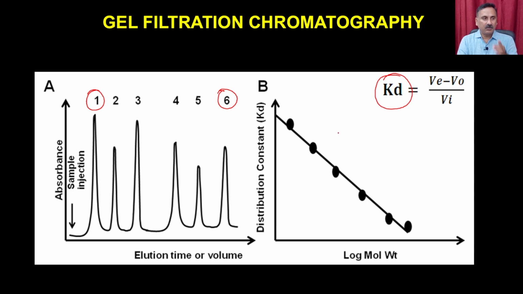That calibration curve you can use to calculate the molecular weight of the enzyme-substrate complex. So when you do the substrate interactions, the enzyme is going to move in either the left-hand direction or the right-hand direction.